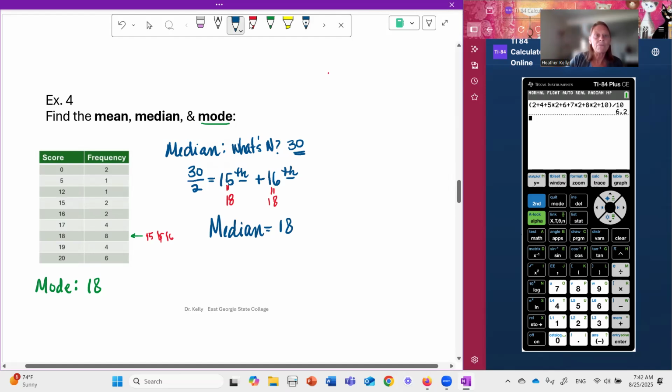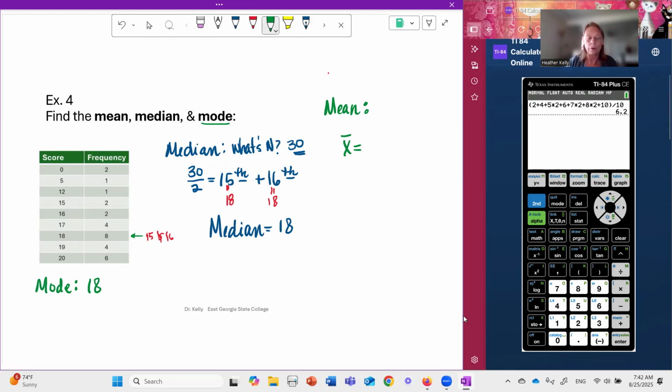Okay. And then finally, let's get our mean. And we're going to get the mean off of the calculator. And we're just going to add it in like we did before on the last example, but now we have something bigger. Do we have to do 0 times 2?